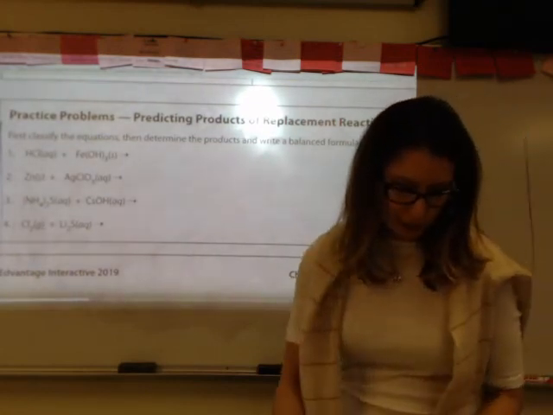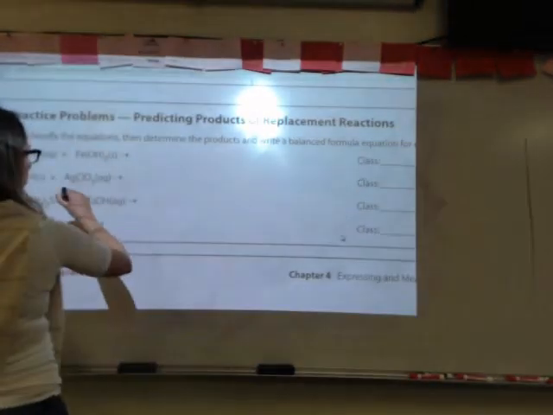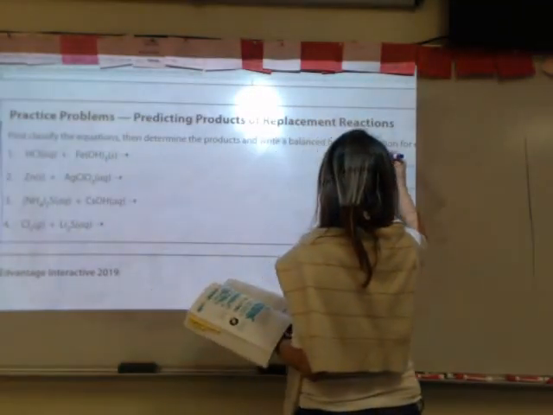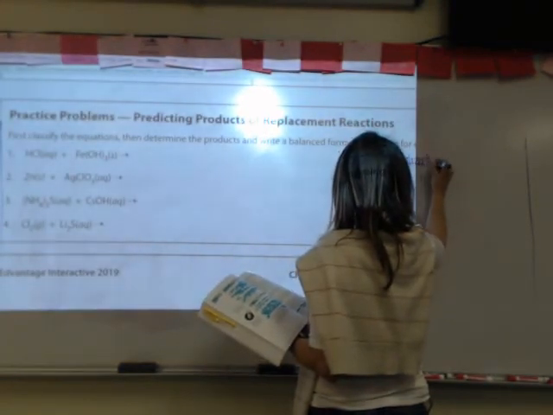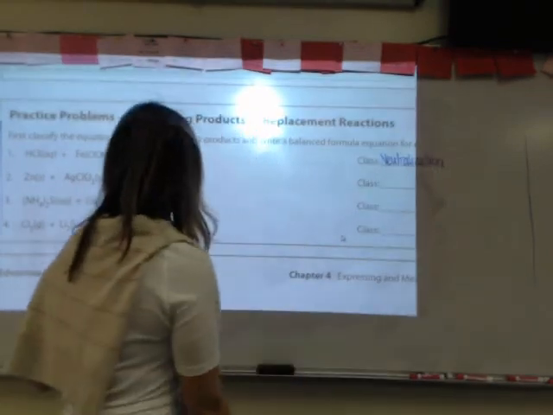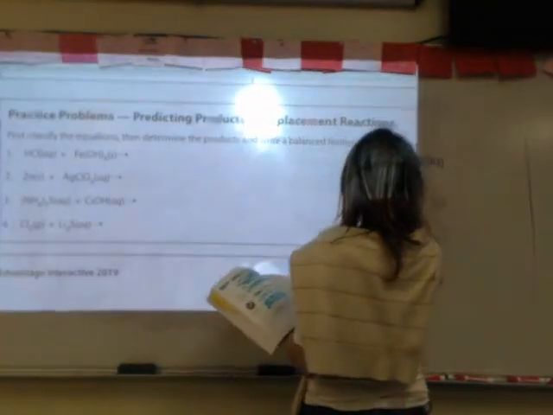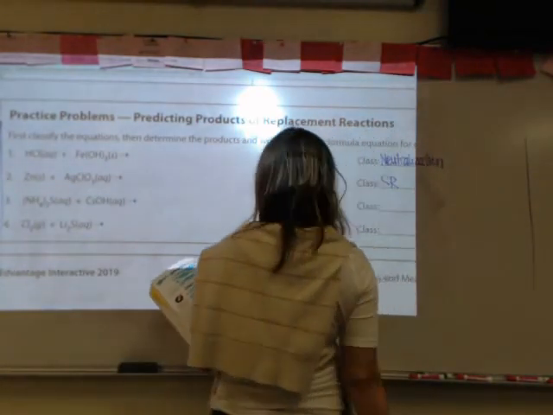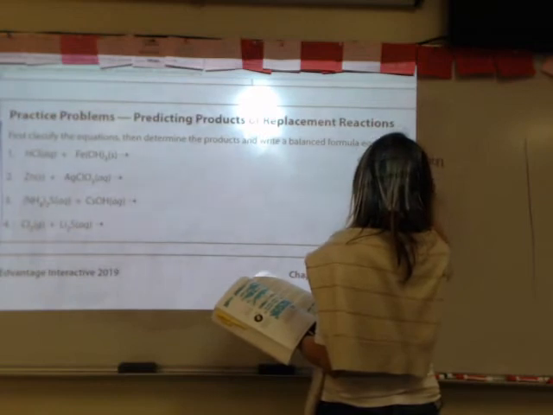For number 1, we have an acid combining with a base. So this would be a neutralization reaction. For number 2, zinc is combining with silver chlorate. That's an element combining with a compound. This is a single replacement reaction. Since zinc is a metal, it's actually a metal replacement.